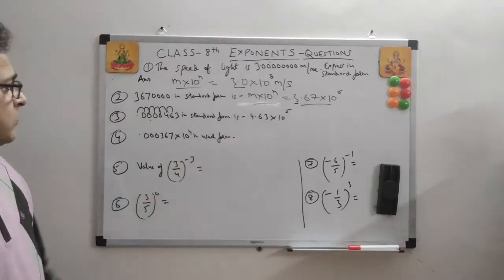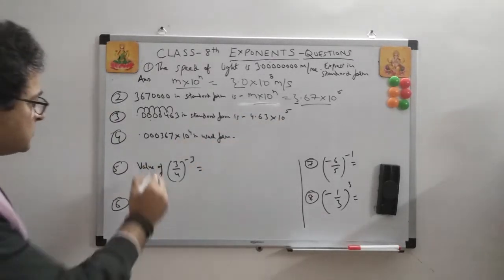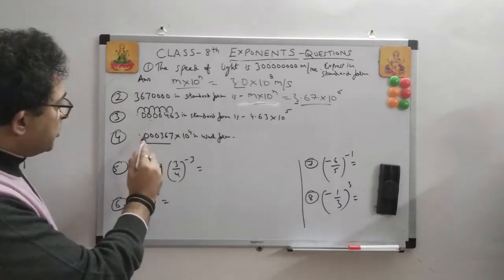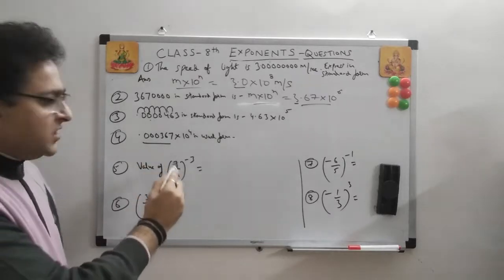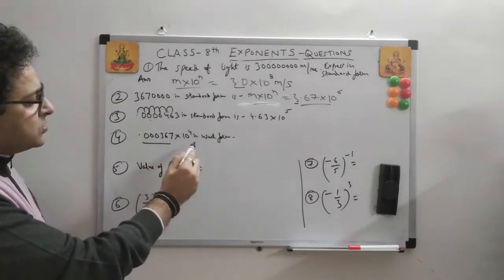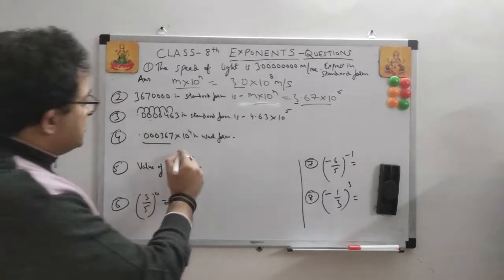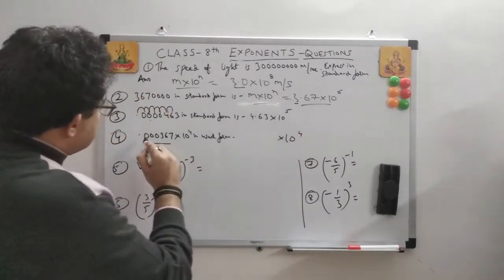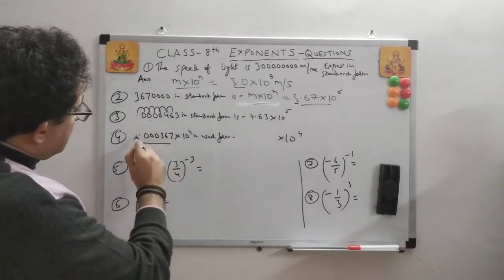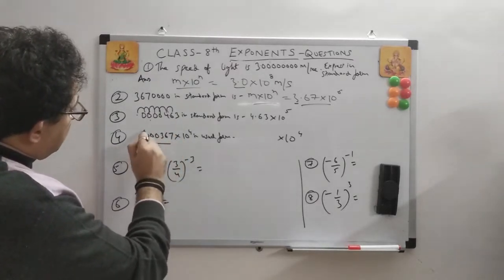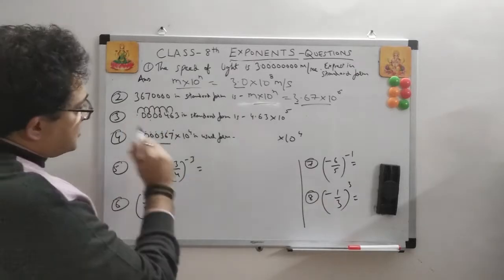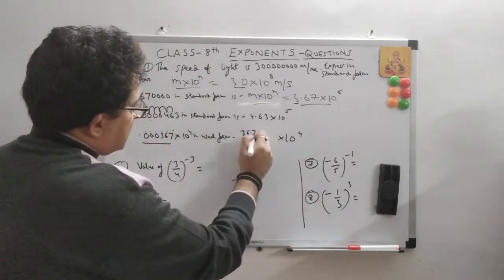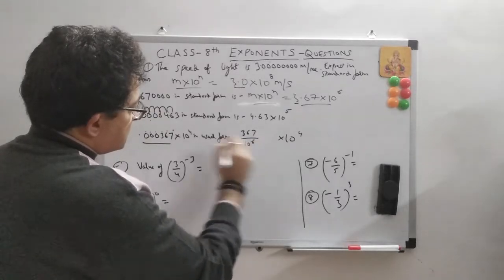Now usual form, let's do this in the usual form. This is a small number, right? So you will just write this number as 0.000367 into 10 to the power 4 in usual form, not the standard form. So let this 10 to the power 4 be over here the same way. Now we take this decimal over here, 1, 2, 3, 4, 5, 6. So as I told you, for the small numbers, 367 upon 10 to the power 6.